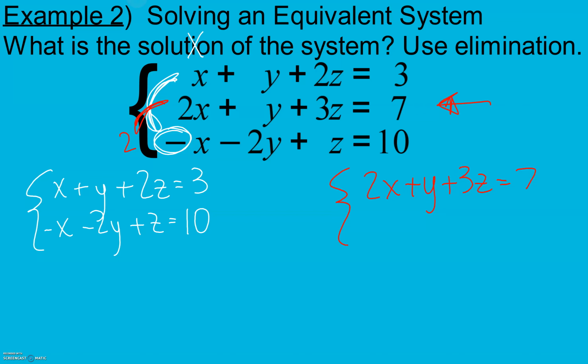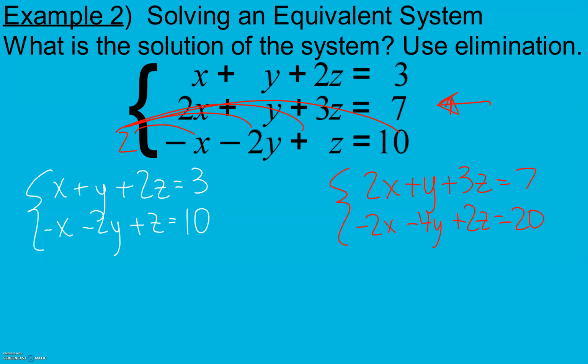Now, I don't have opposites here, but I can get some. I need one of my equations to be the opposite of 2x, which is -2. So I'm going to multiply the bottom by 2 all the way through because it's already a negative x. So -2x minus 4y plus 2z equals 20.